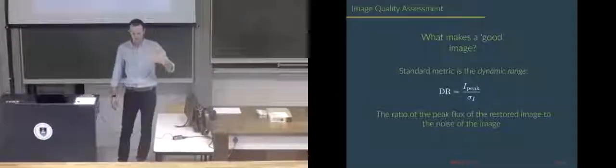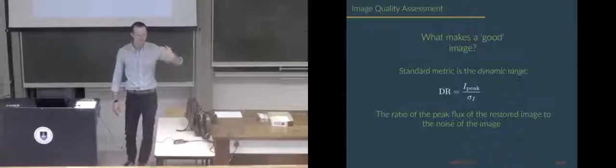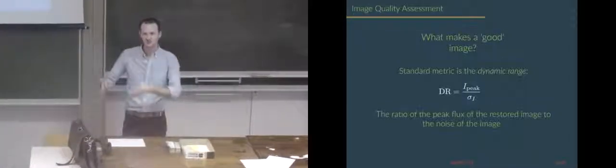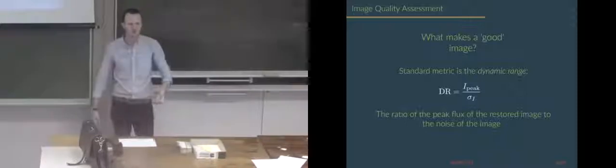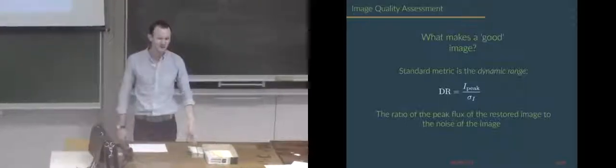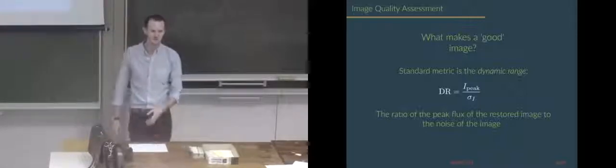There's some idea of reality, some kind of initial truth. Whereas in radio interferometry, we don't actually know what we're looking at. That's the whole point. We're trying to figure out what the sky model is. If we had a true model of the sky, there would be no point in observing it.